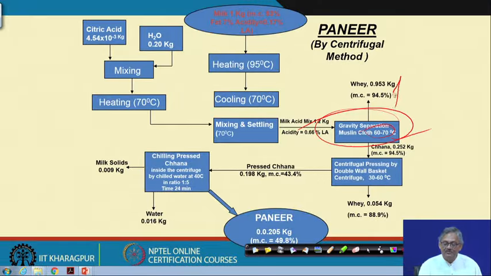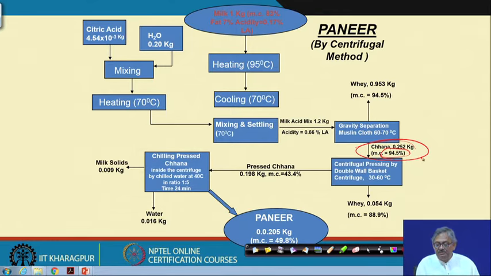So whey comes out around 0.953 kg with a moisture content of 94.5%, and we get chana around 0.252 kg with a moisture content of 94.5%. Right. Earlier I told you that the higher the moisture content, the more will be the quantity.